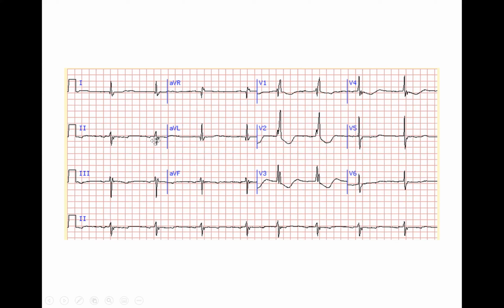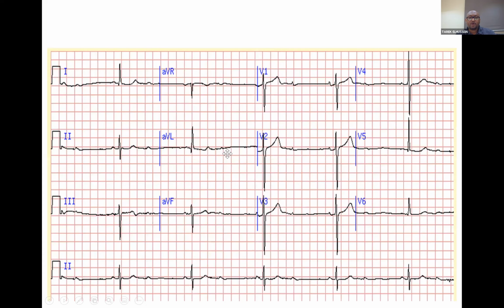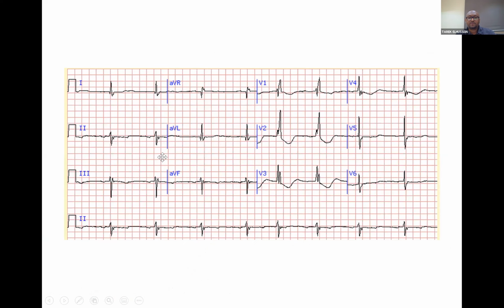So now I will show you clearly here the difference between left anterior hemi block and LVH. Remember in the previous one, if we go back, as we said here, this is LVH. Now let's move to this one. There is tiny R, deep S in the inferior leads. There is tiny Q, tall R in lead 1 and AVL.